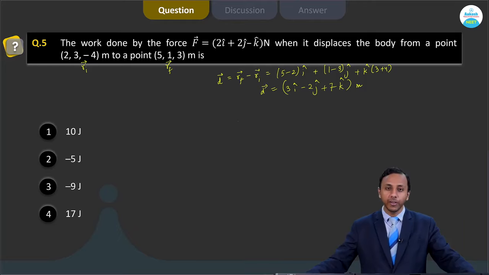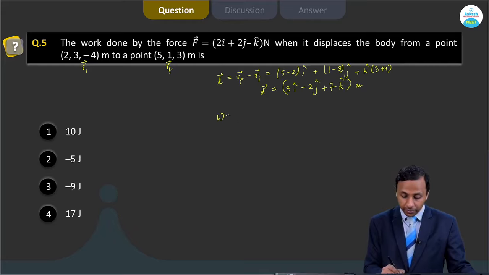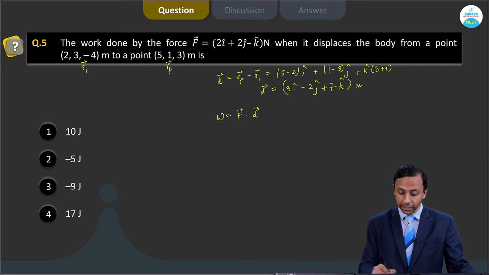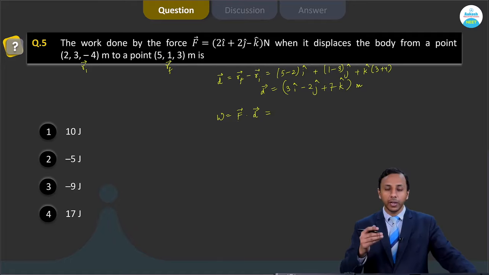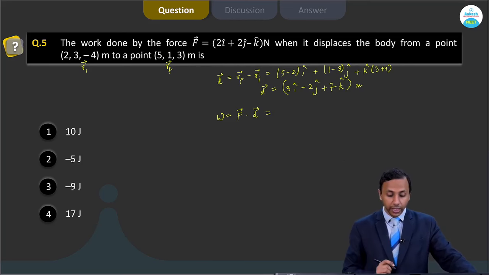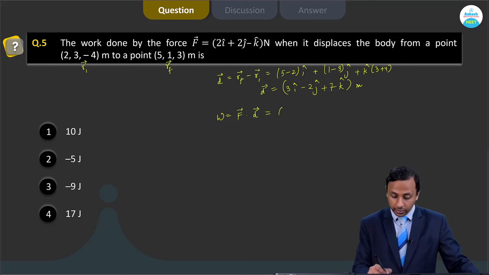Now all you have to do is find the work done by taking their dot product, right? So the work done is given by force into displacement. We are going to be taking the dot product of force vector with displacement vector. So you multiply the i cap coefficient with the i cap coefficient, that is 2i cap in force vector and 3i cap in displacement vector, so 2 into 3, that is 6.